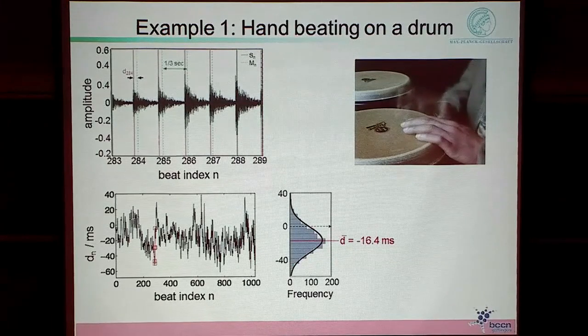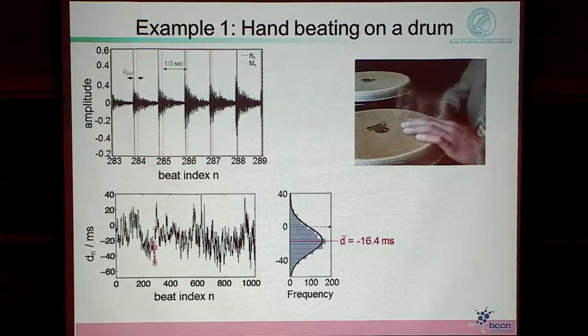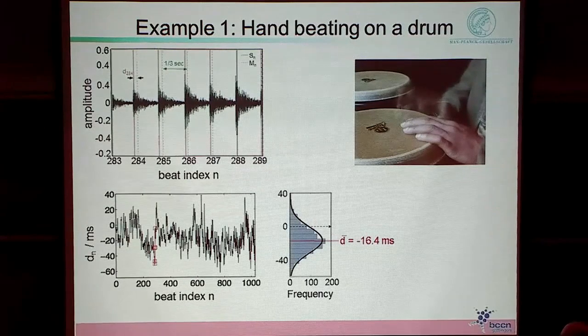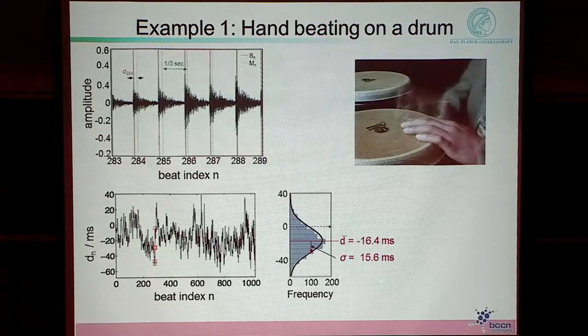That it's Gaussian is not so astonishing. And we also would like to know what is the width of this bell-shaped distribution, so what is the standard deviation from this mean? And that's also around 15 to 16 milliseconds for this particular drummer. Now this is really amazing.